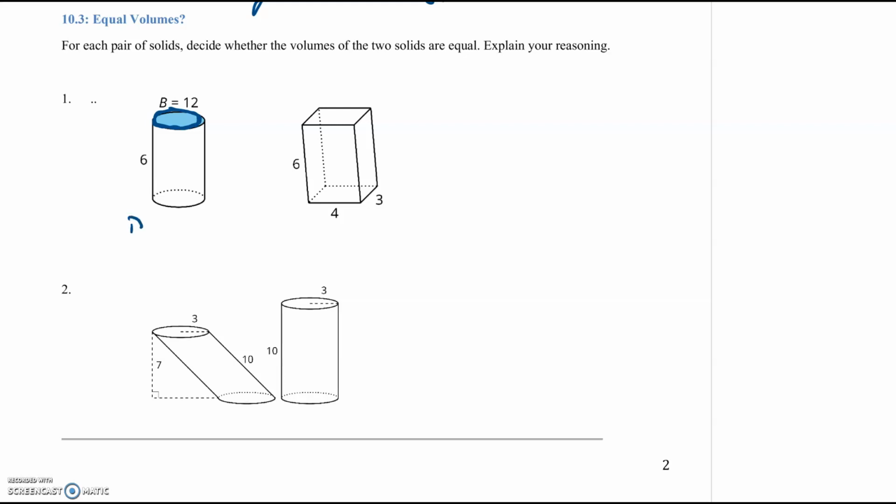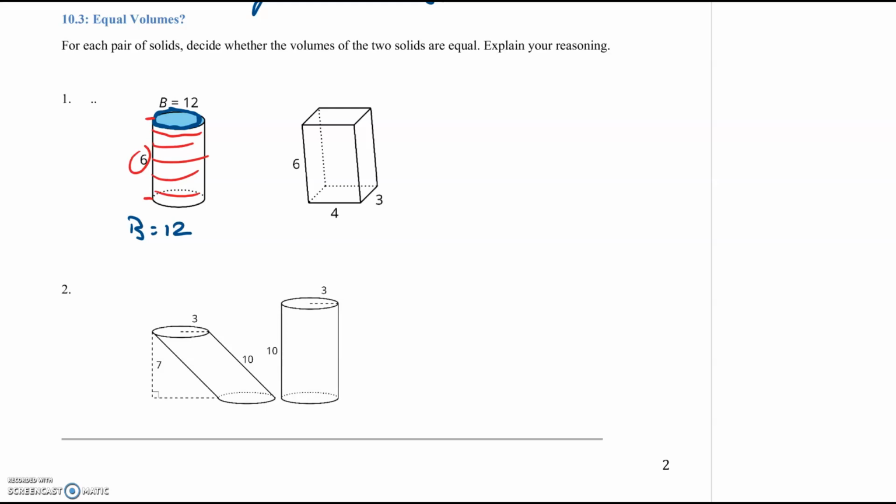It has a base area of 12 units. And then the height of this solid is 6 units. So you can think of this as having 6 total stacks of this area of 12.